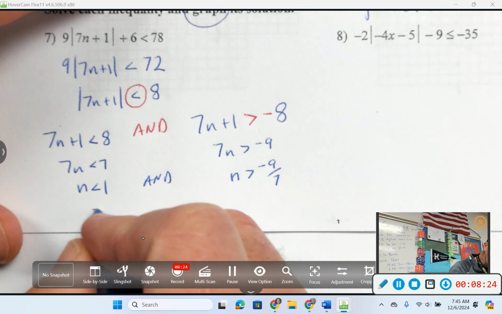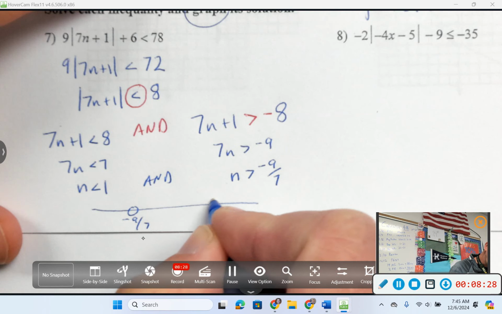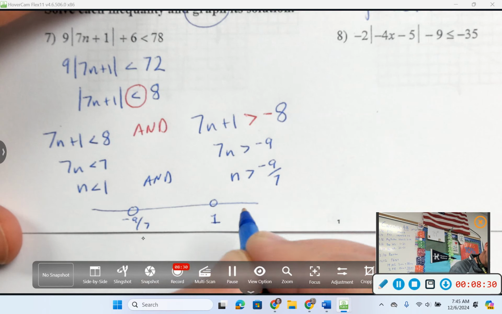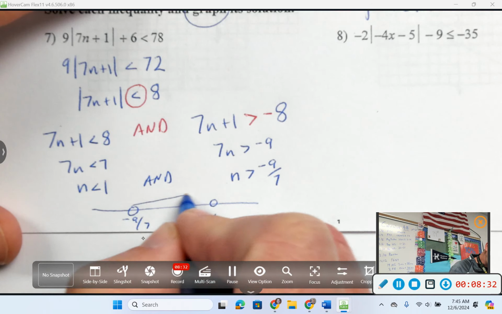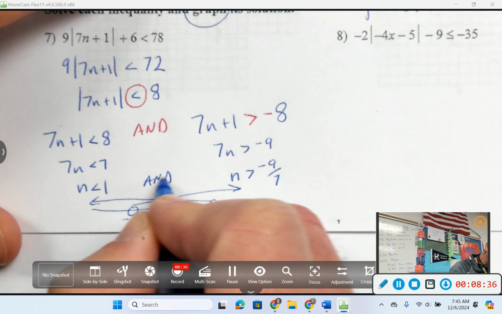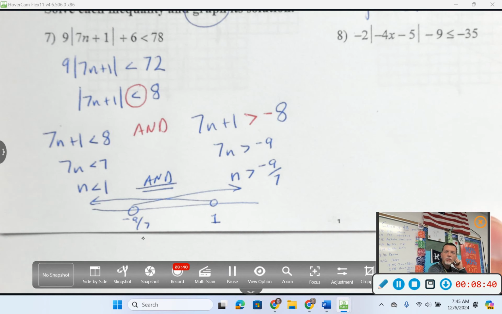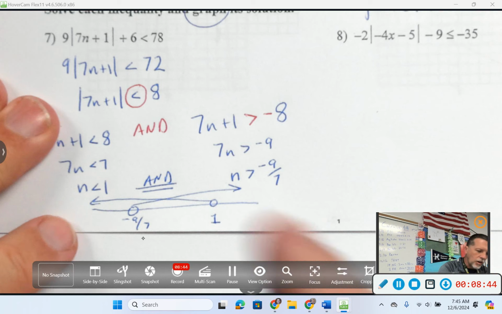They are both open. Negative 9/7 and 1. Greater than negative 9/7, less than 1, but it's an and, so I want both things to be true. So that's the overlap region there.